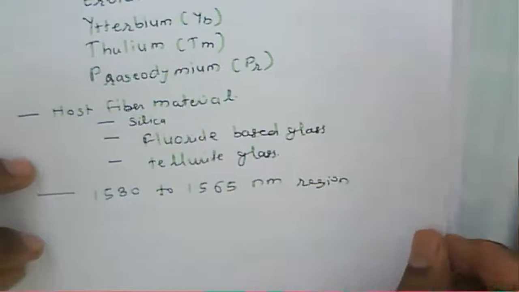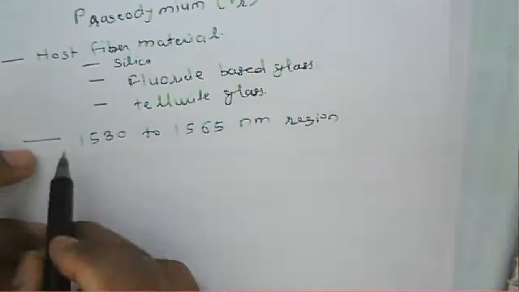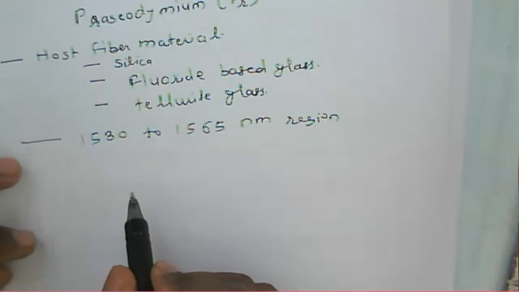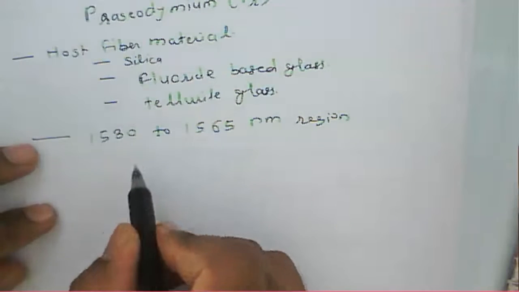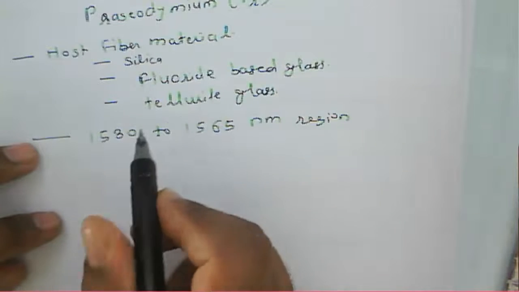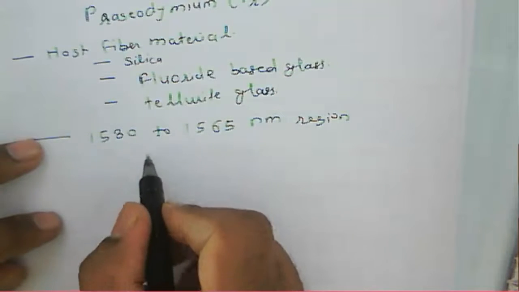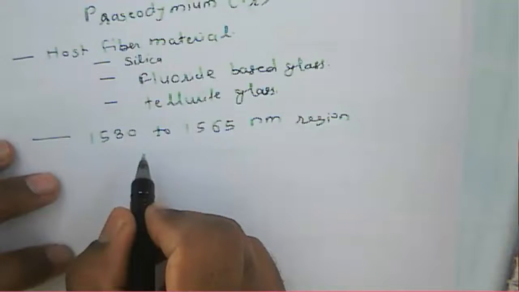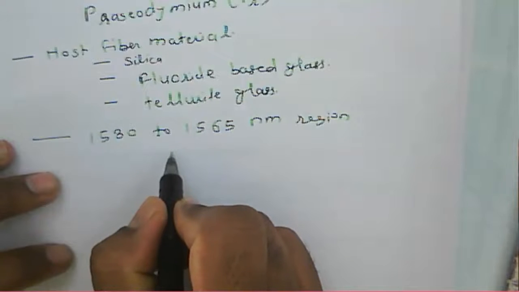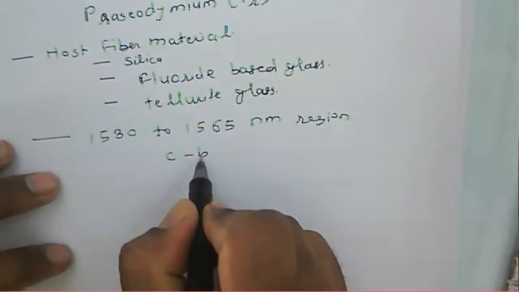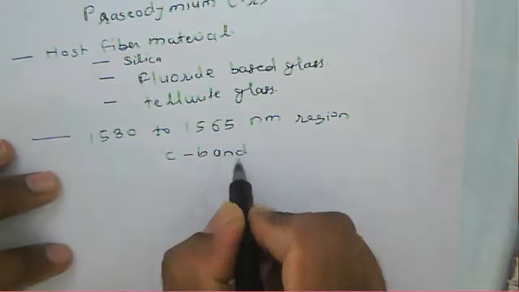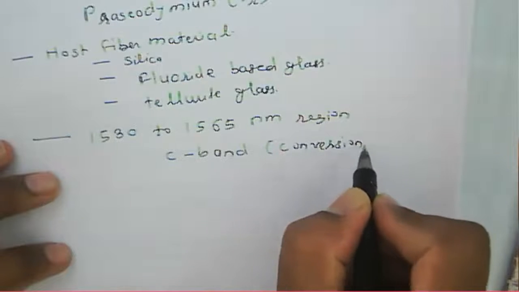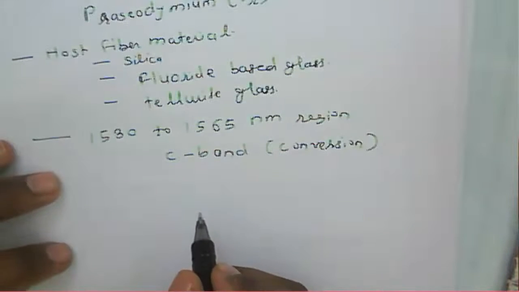In that region, it is a limited region that the erbium doped optical amplifier is used, and generally the erbium doped fiber amplifier operates in a spectral band that can be termed the C band, or conventional band.